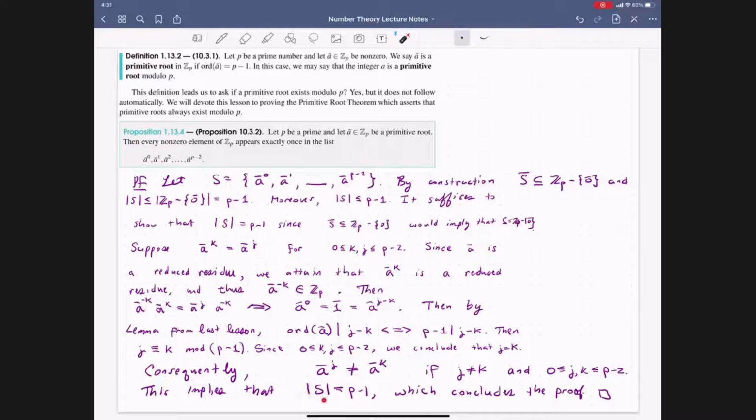Since the cardinality is the same, S is equal to the integers modulo p minus 0, so that tells us that every element of the integers modulo p minus 0 appears exactly once in that list. And so we are done. We have proven the proposition.